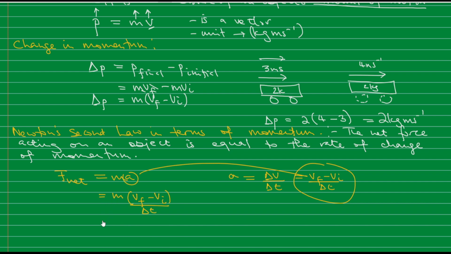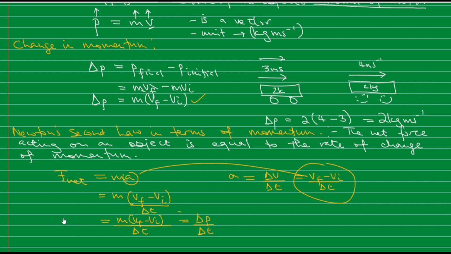So when we combine this, which is m times v final minus v initial over delta t, we'll find that the statement on top, mv final minus mv initial, is the same as the change in momentum. So we can replace that statement with delta p over delta t.